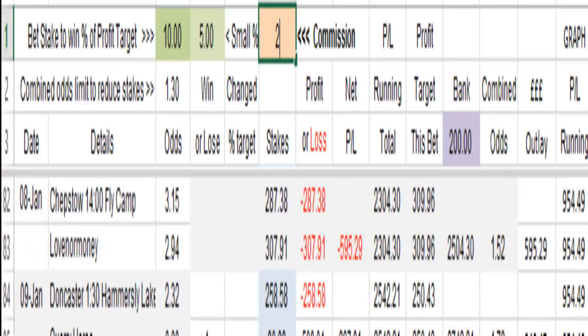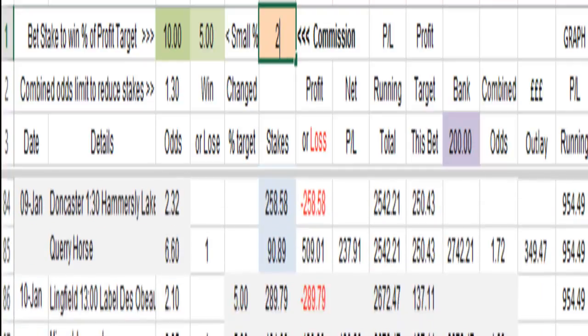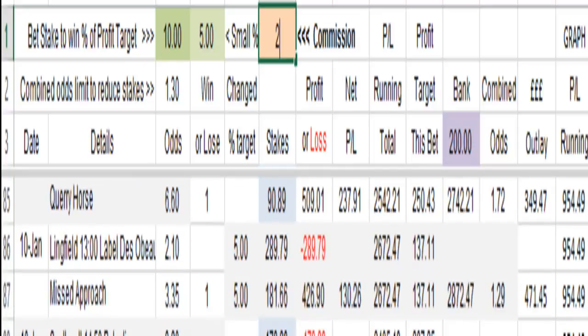Now, as you can see, no, that's no good because it's 1.52. I would still have lost on that bet, but there's nothing else there that I can show you apart from this one, which is 5. If I change that to 2, this will be 2%, and our outlay will drop. Watch the outlay on the stakes on this.